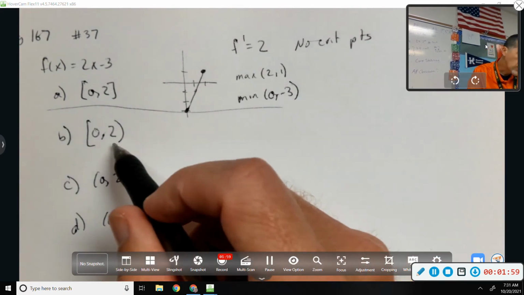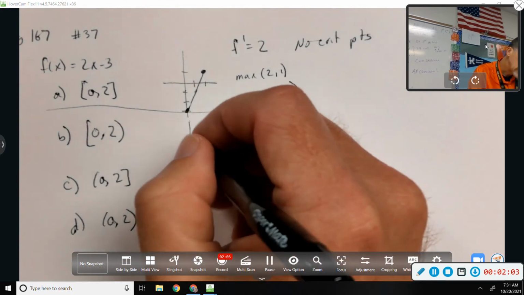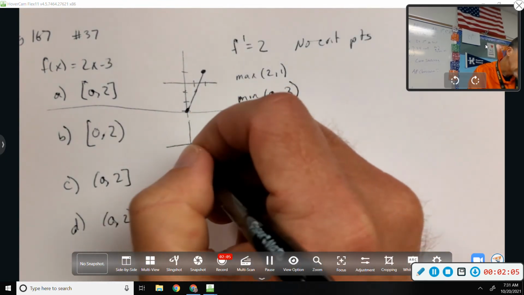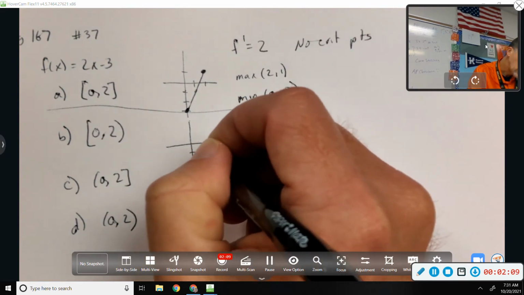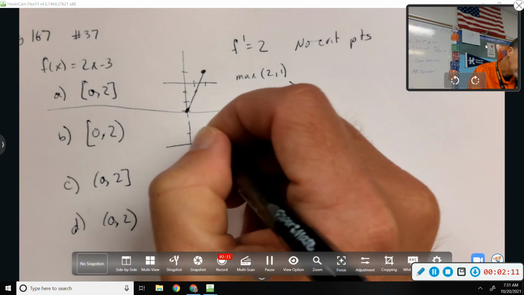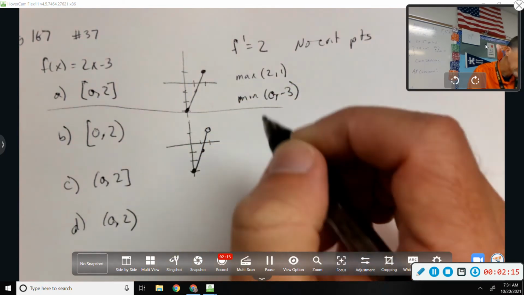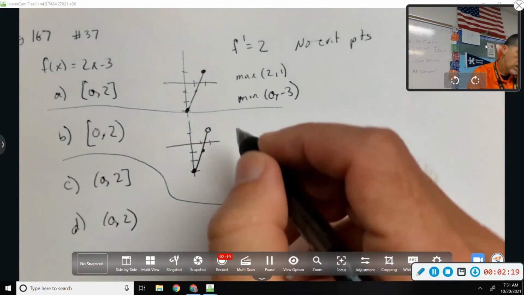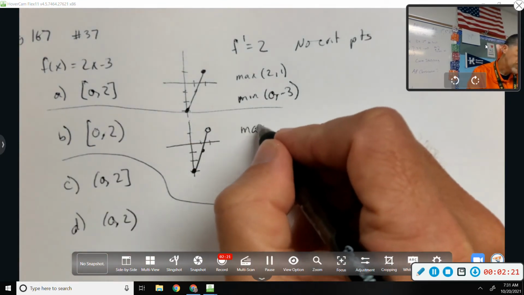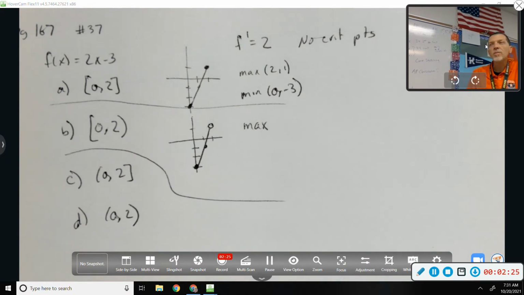All right, from 0 to 2, but where the 0 is bracketed, so we want to include x equals 0, up 2 over 1, but we don't want to include x equals 2. So what's the max of that one? There is no max.